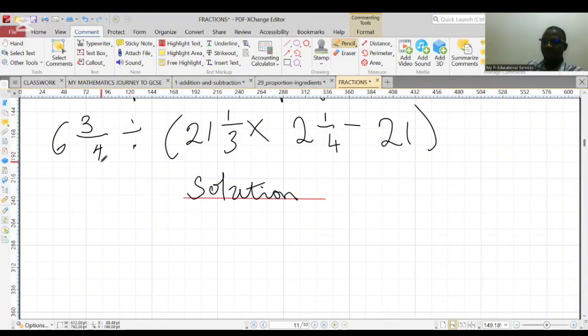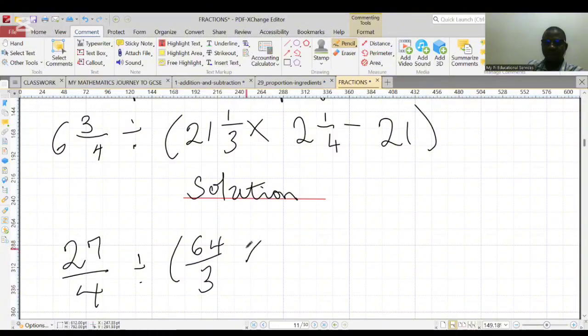So 6 times 4 will give you 24. 24 plus 3, that will be 27 out of 4, divided by bracket 21 multiplied by 3 will give you 63, plus 1 will have 64 out of 3, multiplied by 2 times 4 is 8 plus 1. That will be 9 out of 4, minus 21.